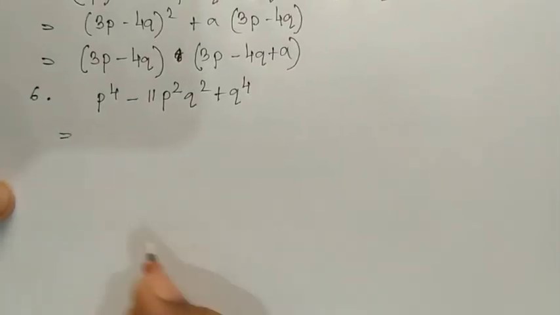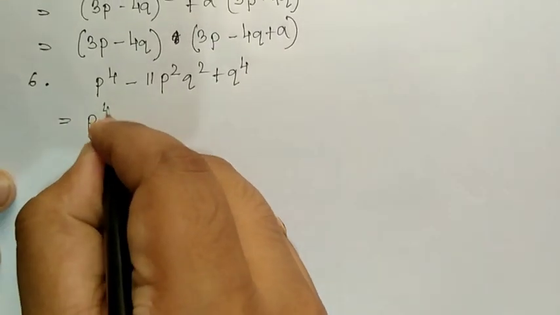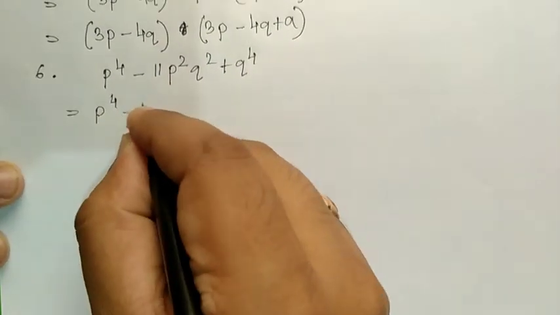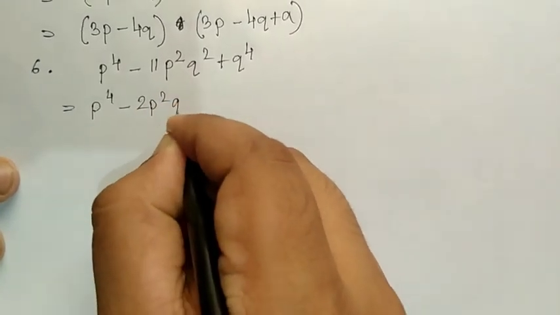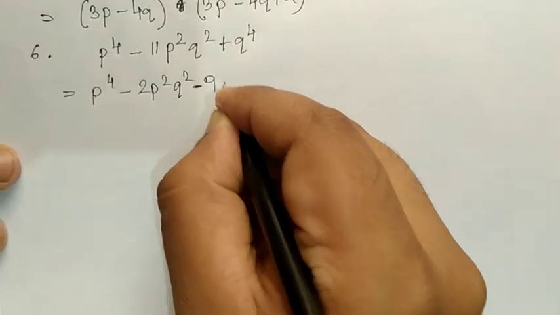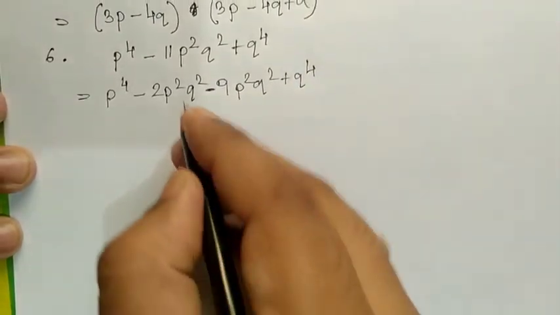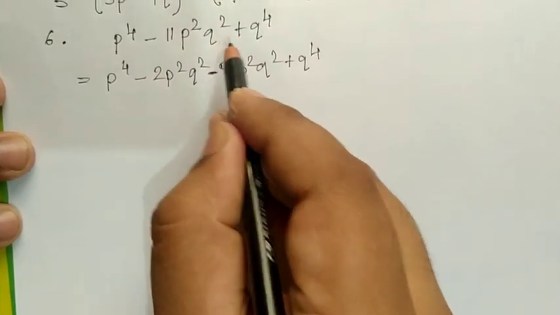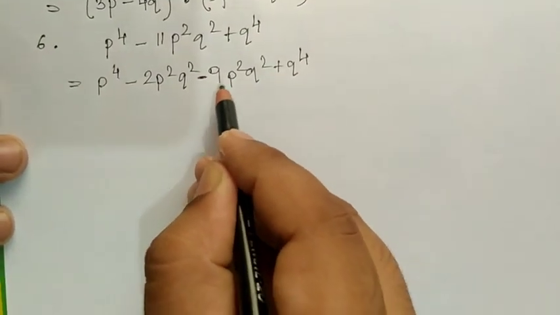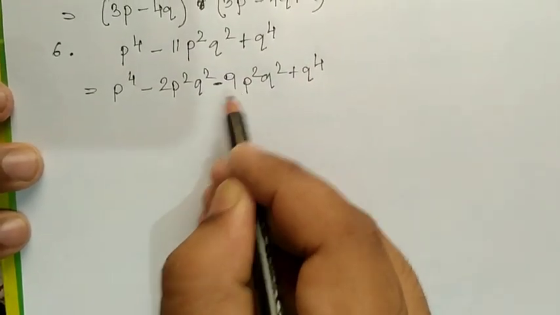This is sum number 6. Here p to the power 4 minus 2p square q square minus 9p square q square. We just break this 11p square q square into two terms: minus 2p square q square minus 9p square q square. Minus 11 should be minus 2 and minus 9.